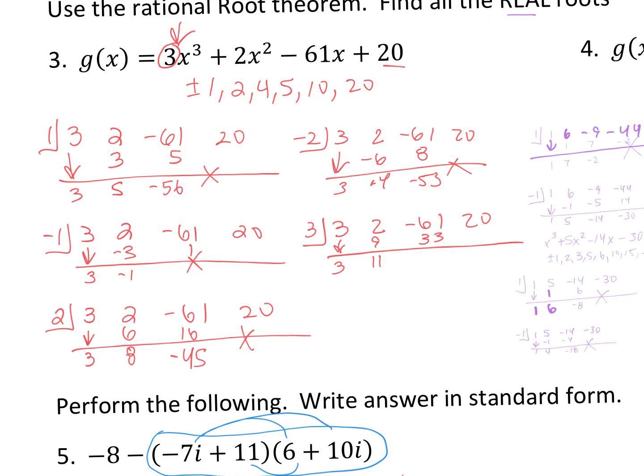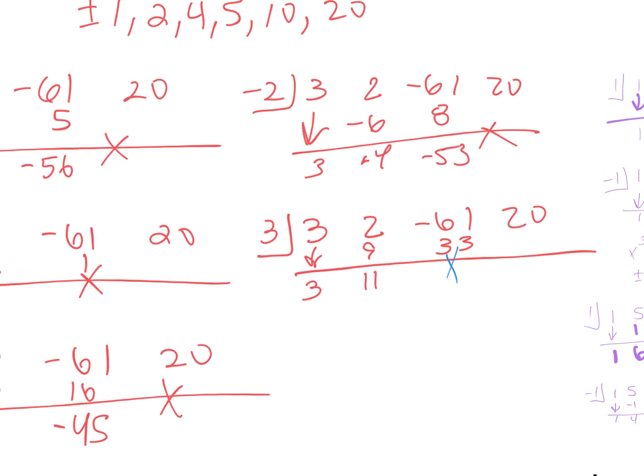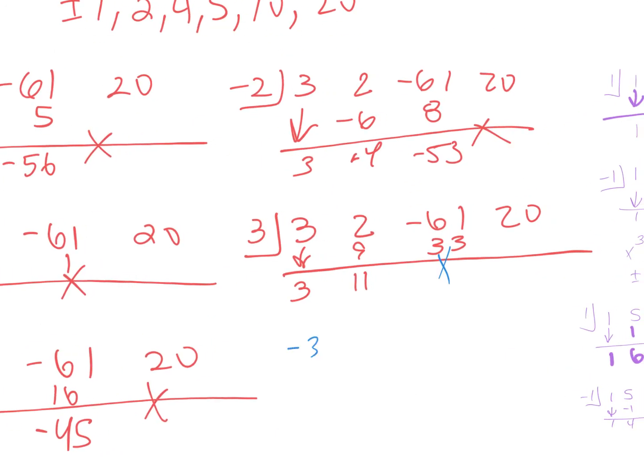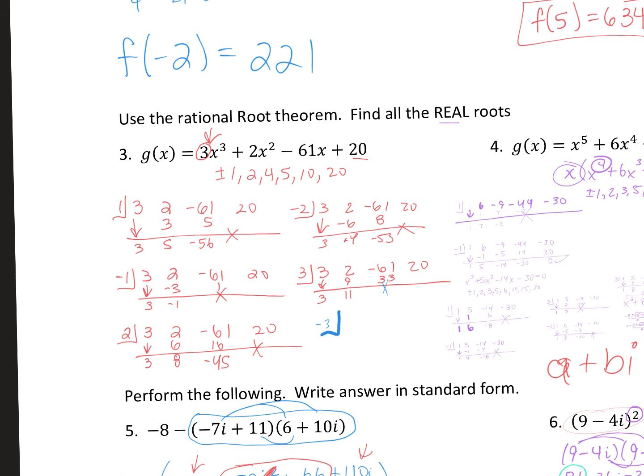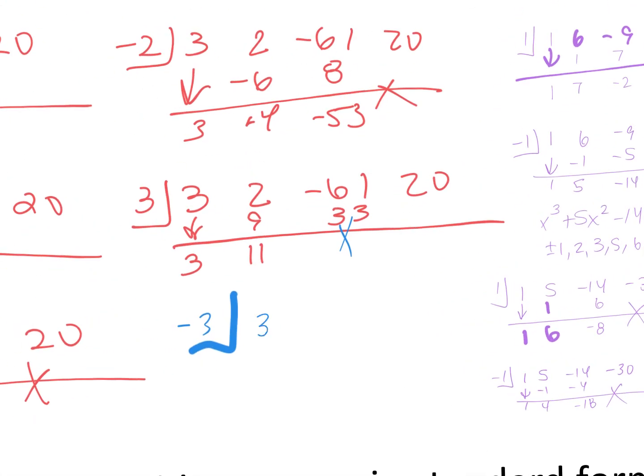So let's try negative 3. 3, 2, negative 61, and 20. So bring down the 3. 3 times negative 3 is negative 9. This is negative 7. This is positive 21, negative 61, and positive 21 is negative 40. Not gonna work.